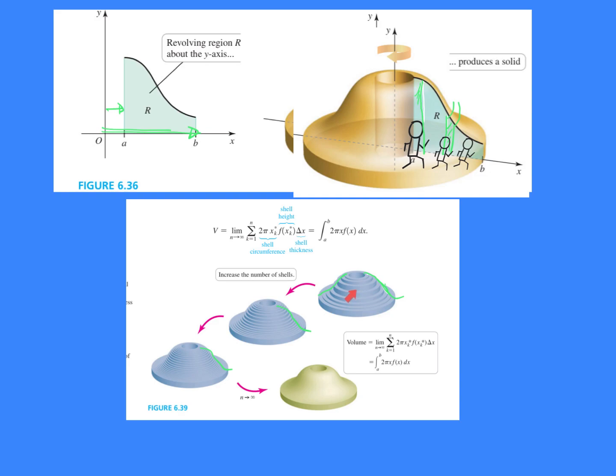When you go from small divisions, let's say n equal 10 to n equal 20 divisions, to n equal 100 divisions, to infinite divisions, you reproduce the total volume of the object.